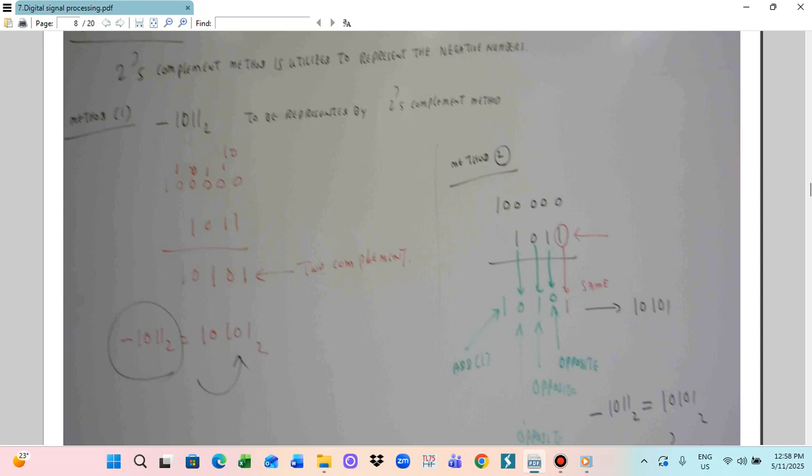So this is the way that we use the 2's complement method. There are two similar methods. This is method 1.